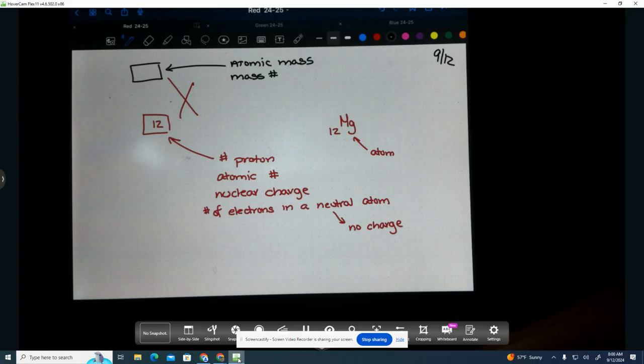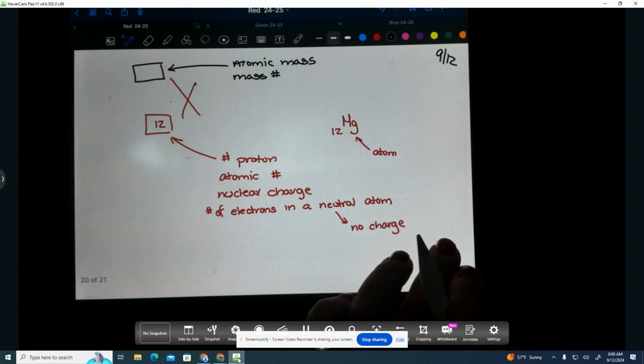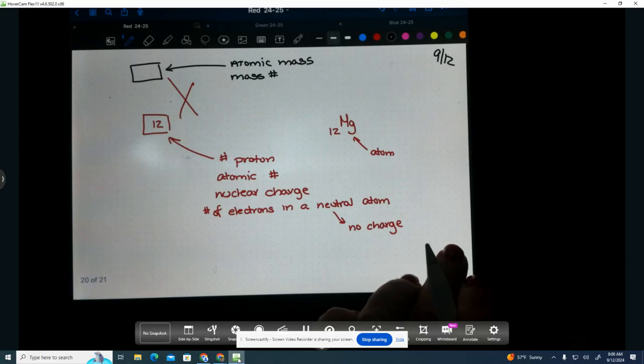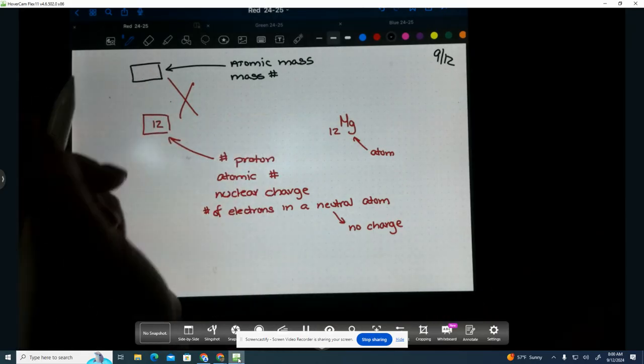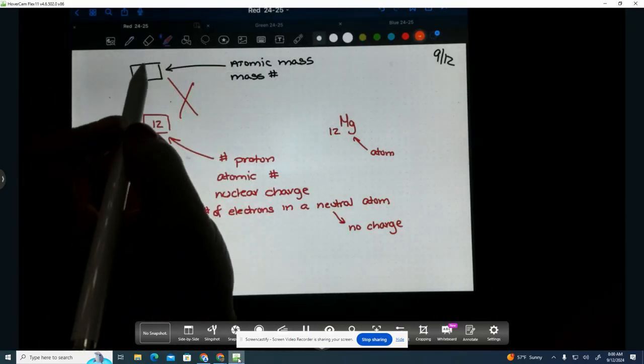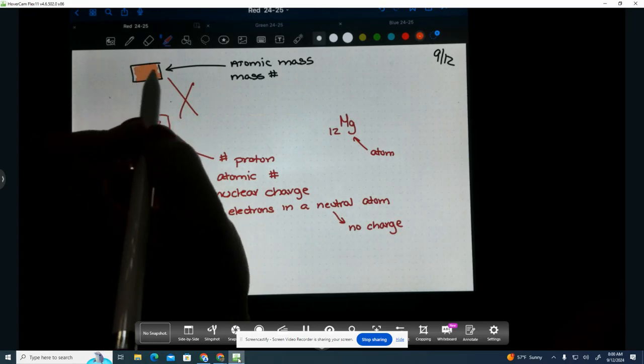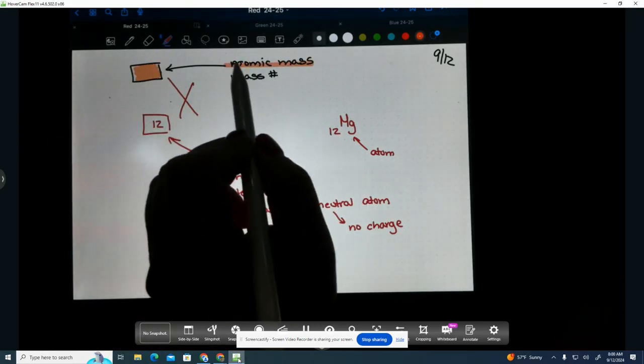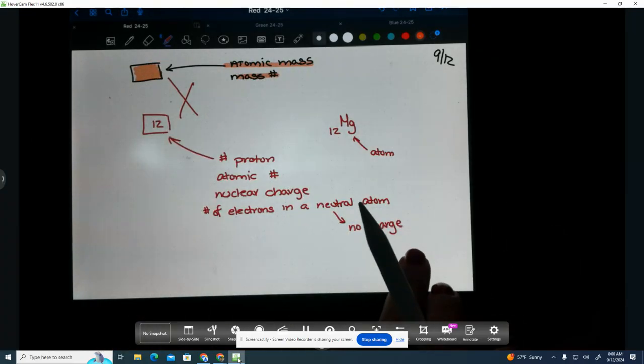The atomic mass and the mass number are different from each other. Okay, let me explain why. I'm going to rewrite it on another piece of paper just so that I have it. So this number right here, whatever that number is, the atomic mass or the mass number.